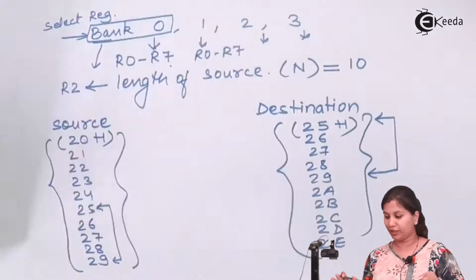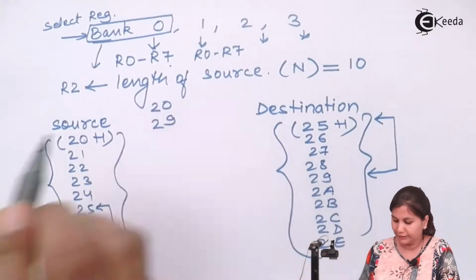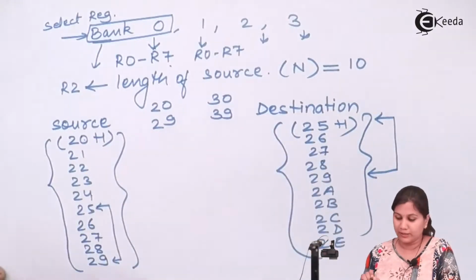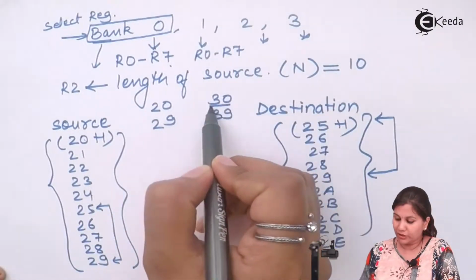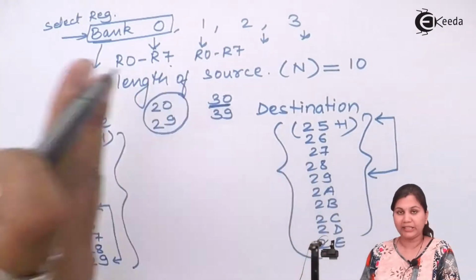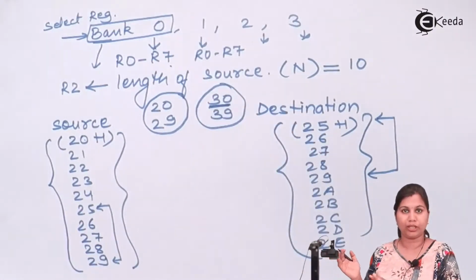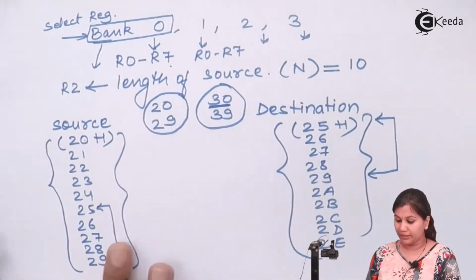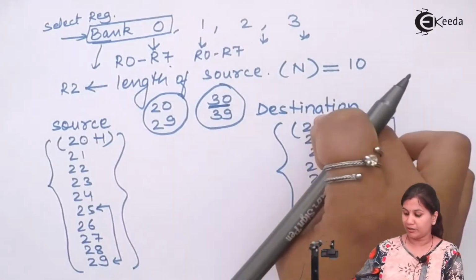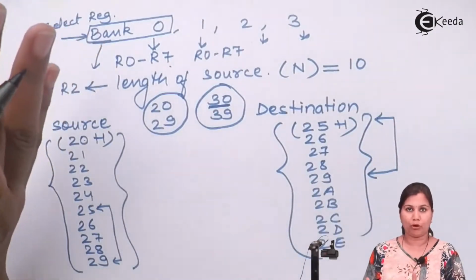Suppose the destination memory location's starting address is 30, then there will be no overlapping: 20 to 29 will be different and 30 to 39 will be different. But here, because 20 to 29 and 25 to 2E have memory locations common in these two, there is an overlapped block transfer.